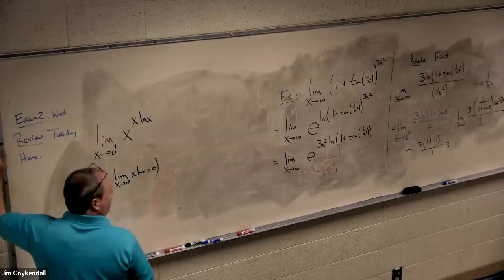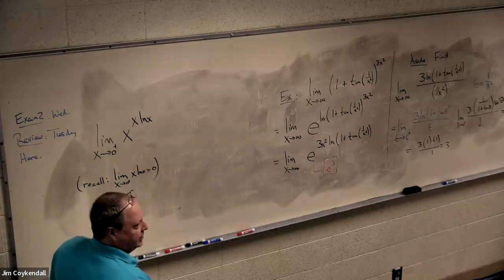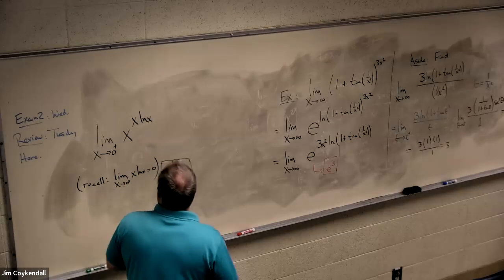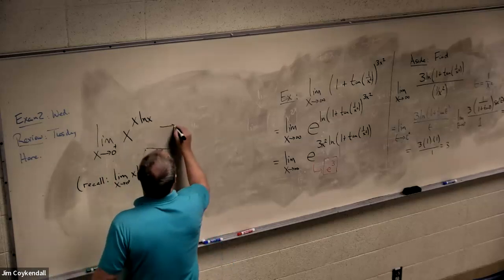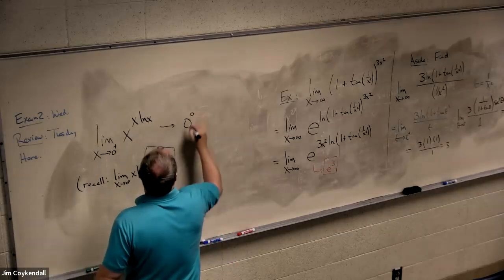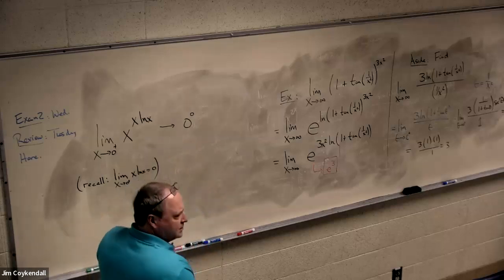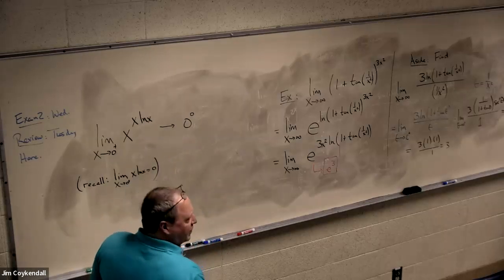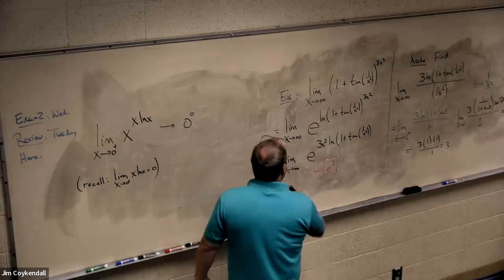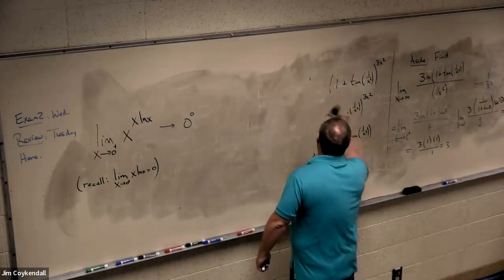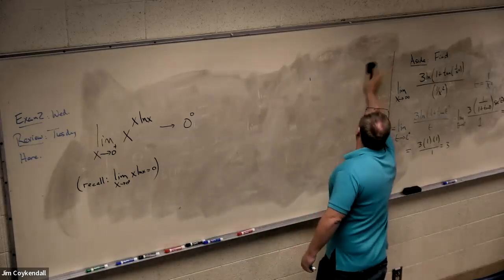This is a problem that we actually got over today. So this is in the form 0 to the 0. That's another one of these indeterminate forms. Let's find that.